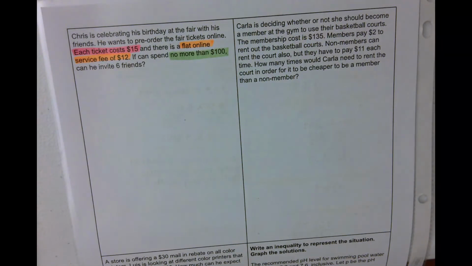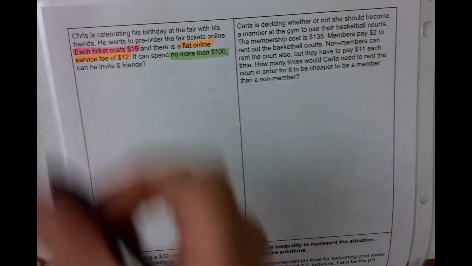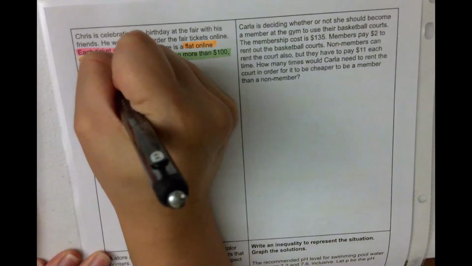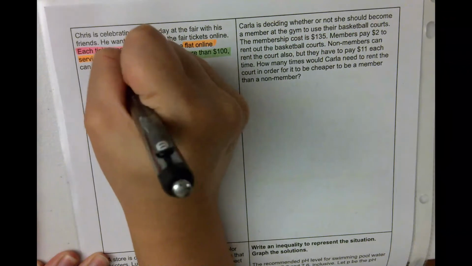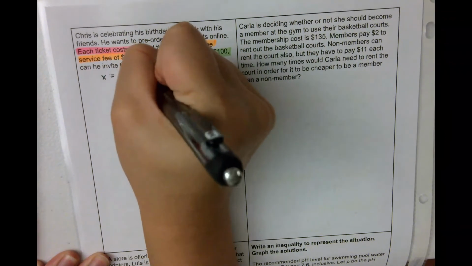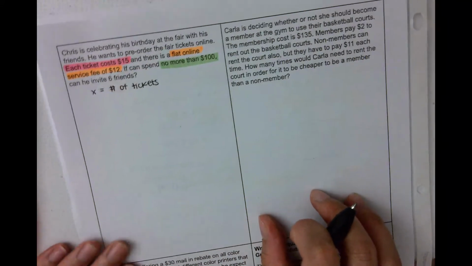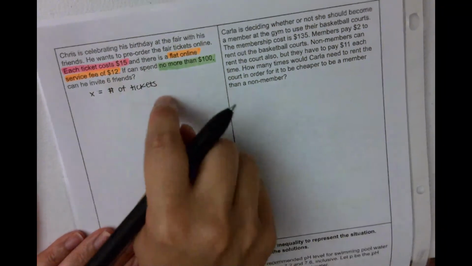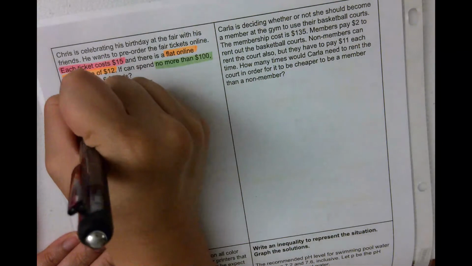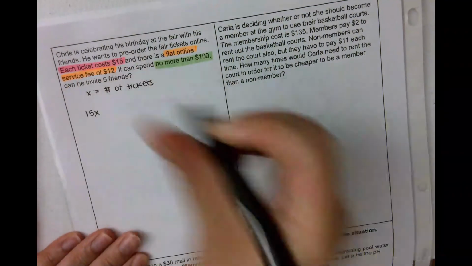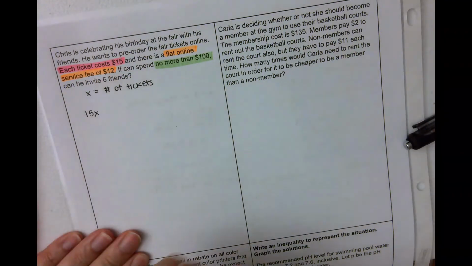Let's make x the number of tickets that he can buy with $100. If each ticket costs $15, then 15 times x gives me the amount of money spent on tickets.